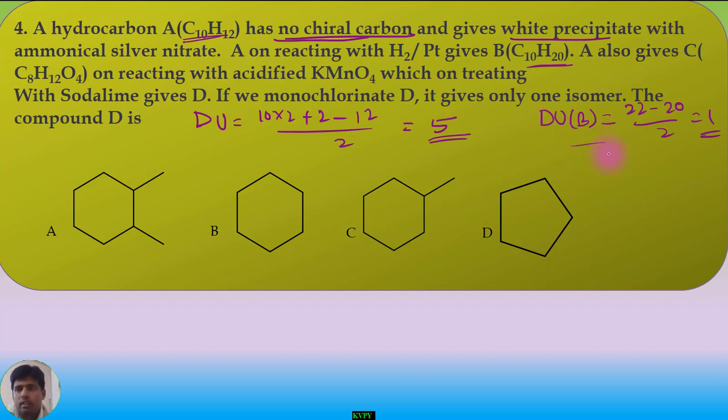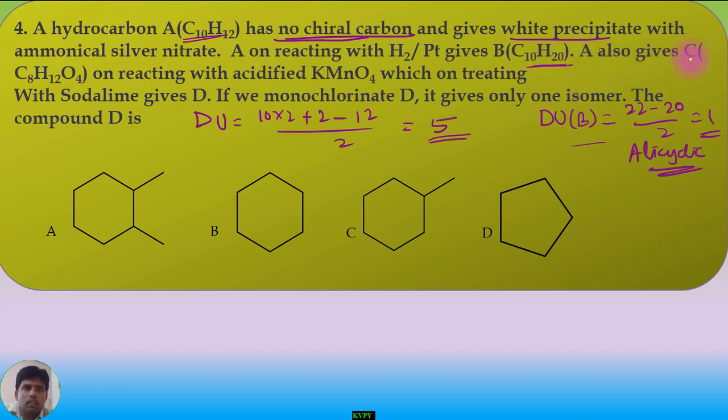B has an alicyclic ring. It's a cyclic compound. So I should write, instead of aliphatic, let us keep it as alicyclic ring. So that's about B.